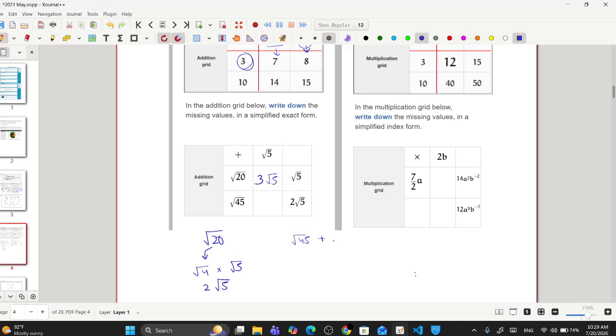Under root of 45 can be written as under root of 9 multiplied by under root of 5, plus under root of 5. Under root of 9 is 3, so 3 root 5 plus root 5. So this becomes 4 root 5.